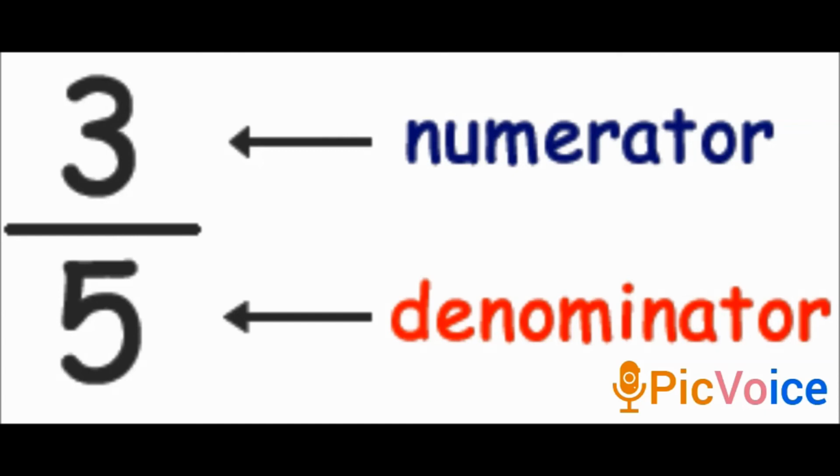The number 3 is said to be the numerator and the number 5 is said to be the denominator. Based on the values of numerator and denominator only, we are classifying the types of fractions as proper, improper and mixed fractions.